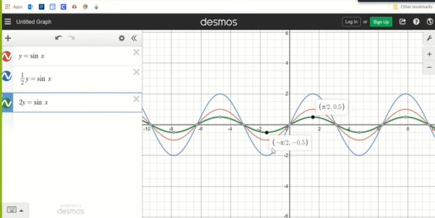Again, don't pay attention to the left side. Just look at the right side. I just want you to visually familiarize yourself with how it looks when we compress and stretch. What happens to the y values?